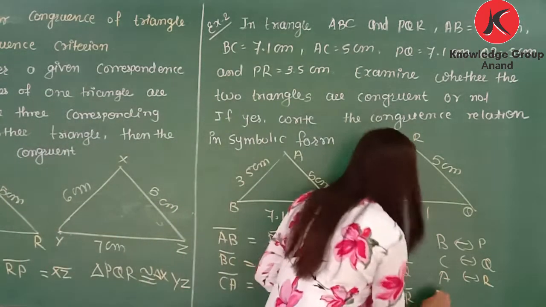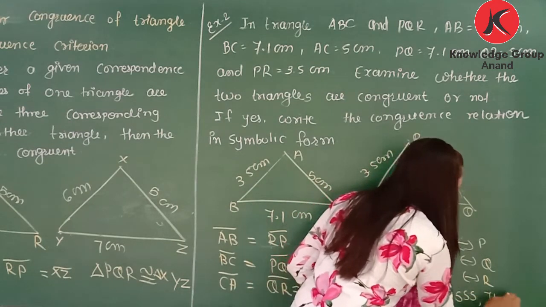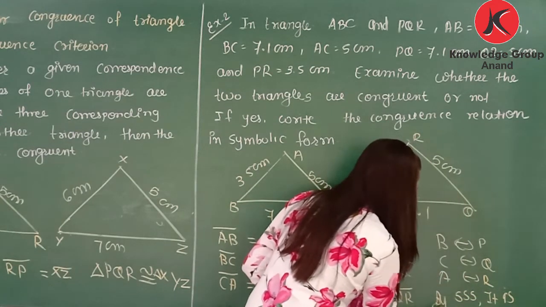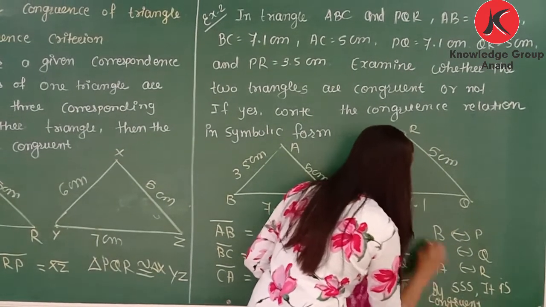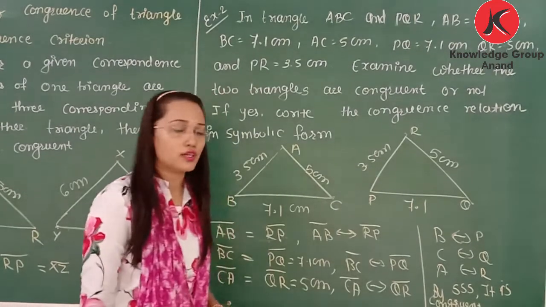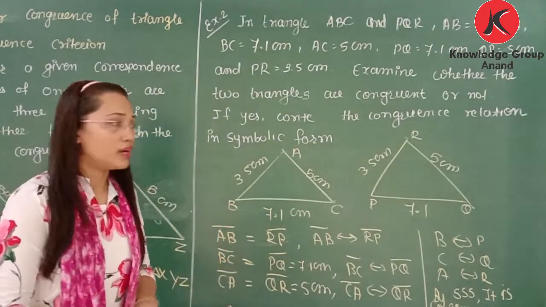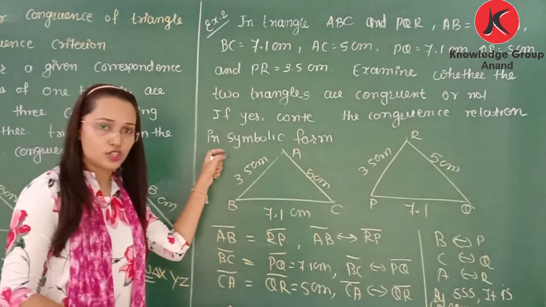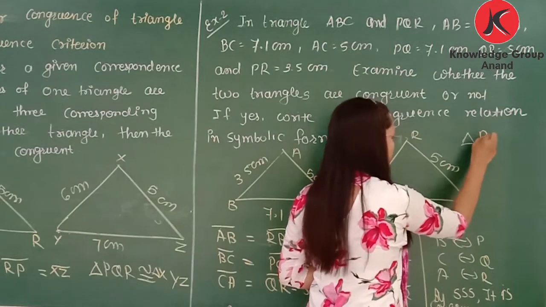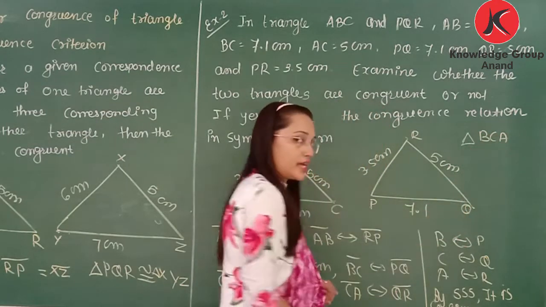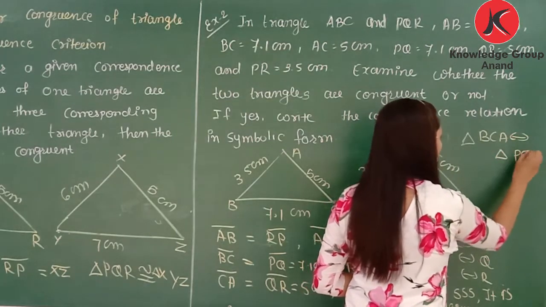So these triangles are congruent by SSS, the side criteria. Now write the corresponding relation. So we can write in symbolic form triangle BCA, or you can write ABC corresponds to triangle PQR.